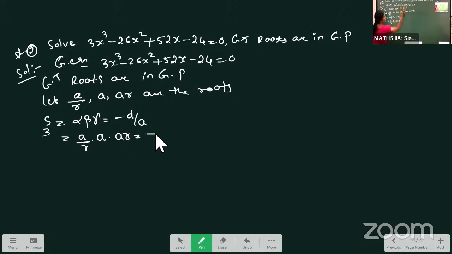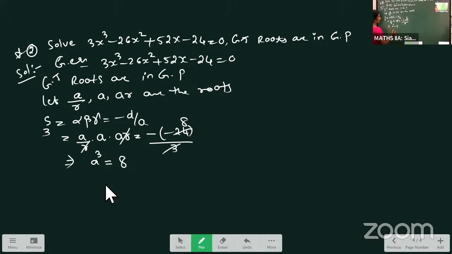What is the d value? a, b, c, d. The d value is minus 24, and a is 3. The r cancels. a into a into a is a cube, which is equal to minus 24 by 3, that is minus 8 into minus, plus 8. So a cube is equal to 8.